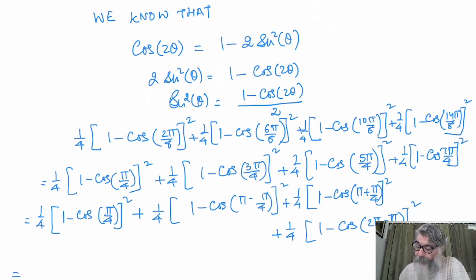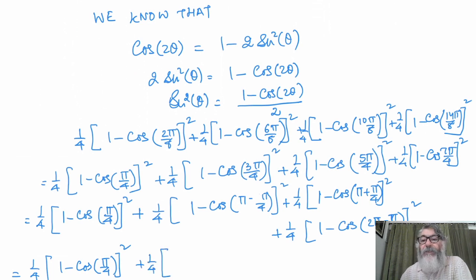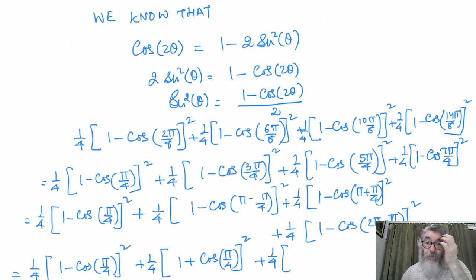So first is 1 by 4, 1 minus cos pi by 4 whole square. Now pi minus pi by 4 means it will come into the second quadrant. In the second quadrant cos is negative, so it will become 1 plus cos pi by 4 whole square. Plus 1 by 4, it is pi plus pi by 4, it will go into the third quadrant.